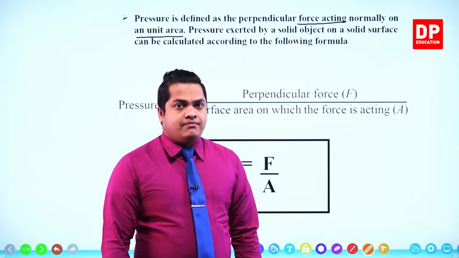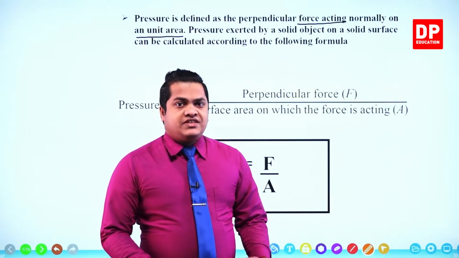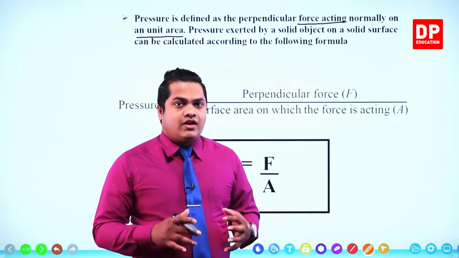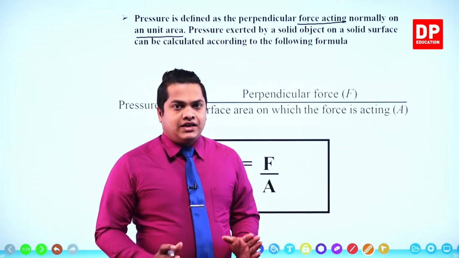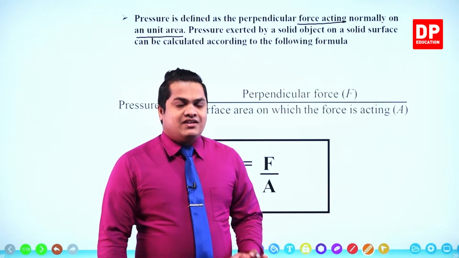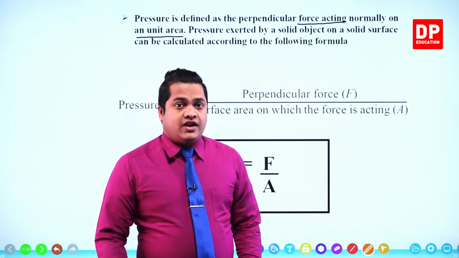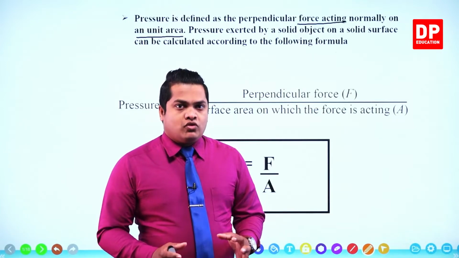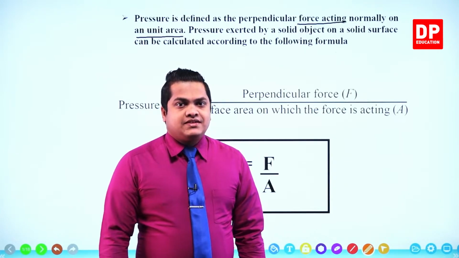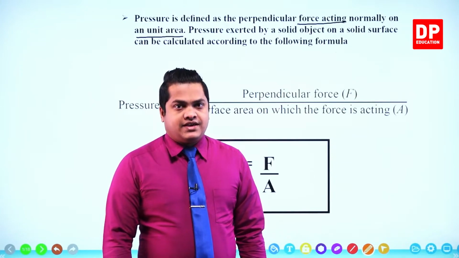So always remember, pressure created in a solid substance on a solid surface can be calculated by the formula P equals F over A. Here P means the pressure, F means the force which is acting on the particular surface, and A means the surface area, the contact surface area.